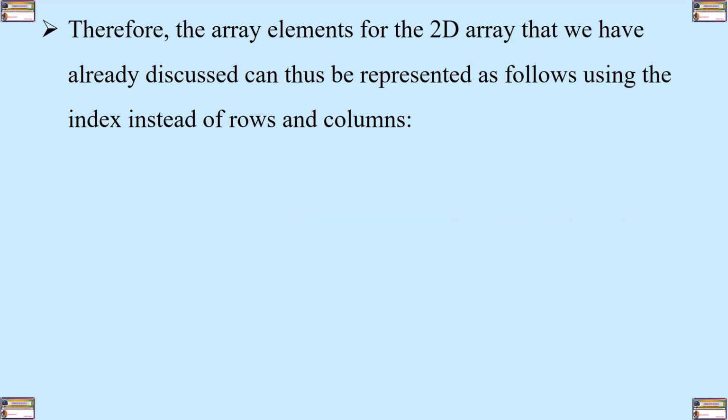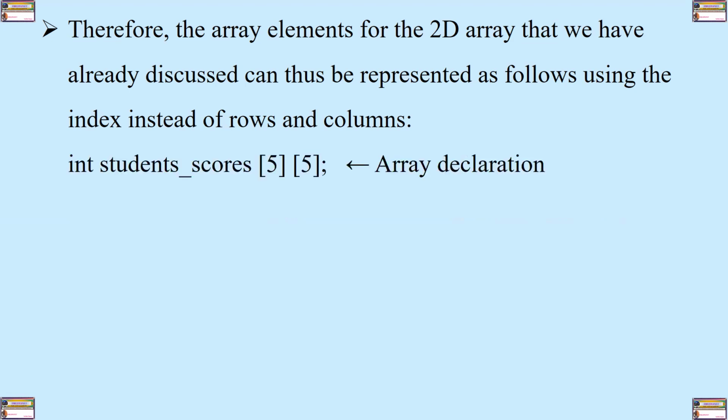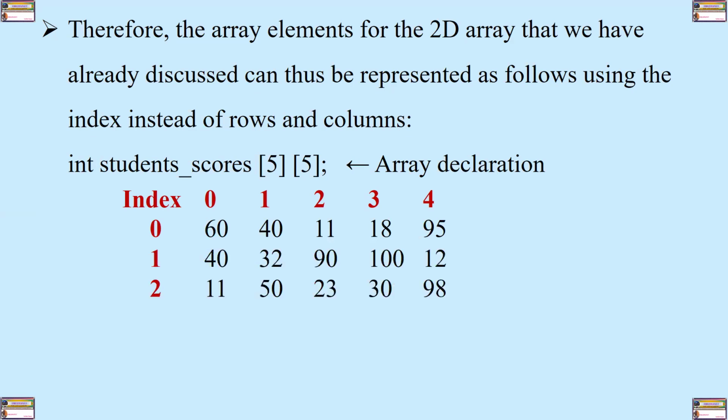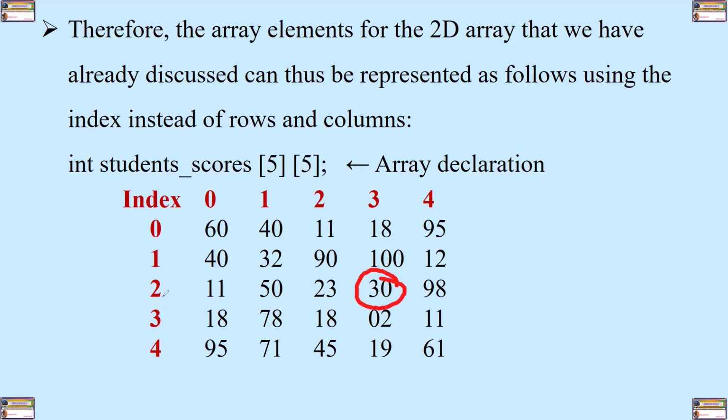Therefore, the array elements for the two-dimensional array that we have already discussed can be represented as follows, using the index instead of rows and columns. So that's our array declaration. Our index is that, and our values are there. First row, second row, third row, fourth row, fifth row. You can see, to identify element number 30, if we were to identify this element here, it would be index 2, index 3.